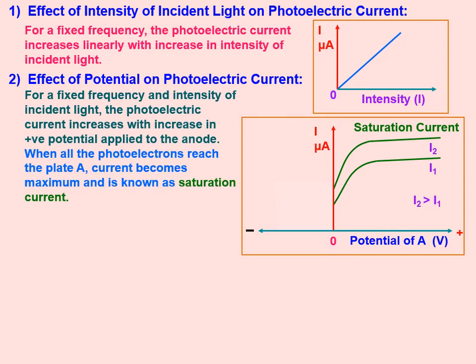So now we can say that for a fixed frequency and intensity of incident light, the photoelectric current increases with increase in positive potential applied across the anode. So when all the photoelectrons reach the plate A, current becomes maximum and is known as saturation current.